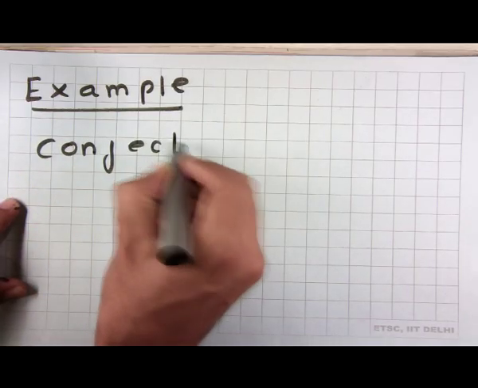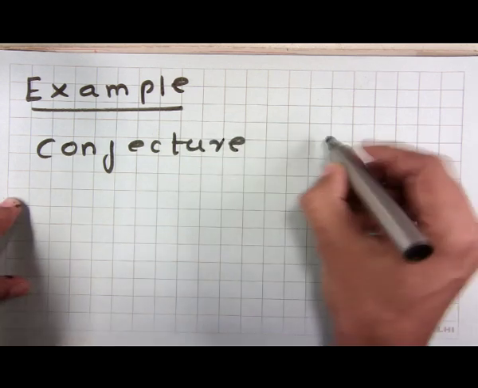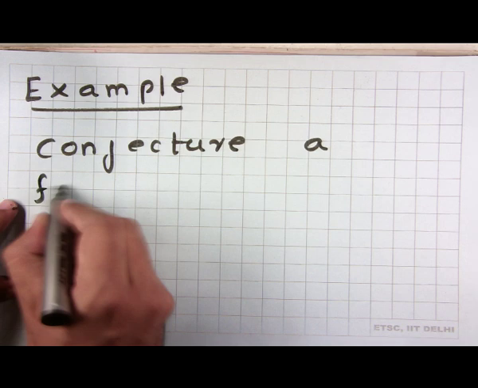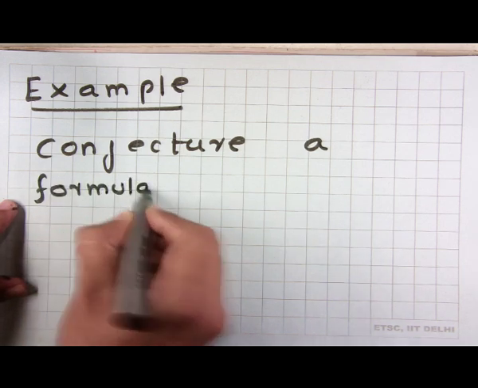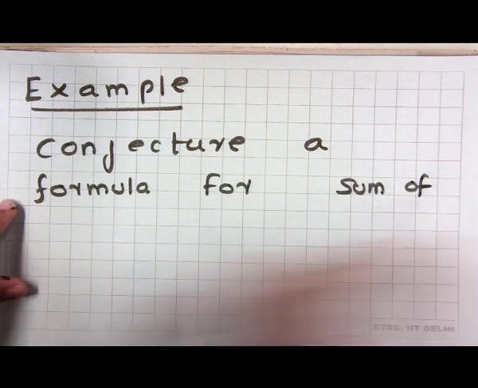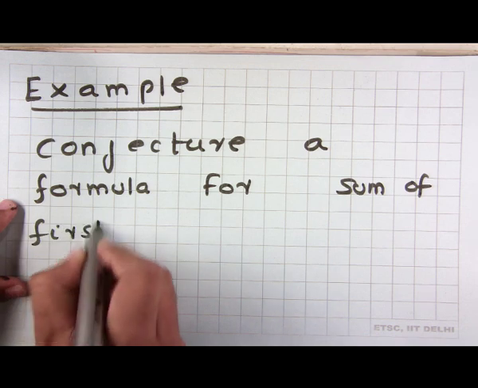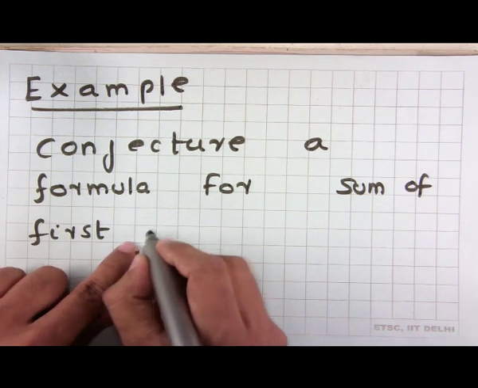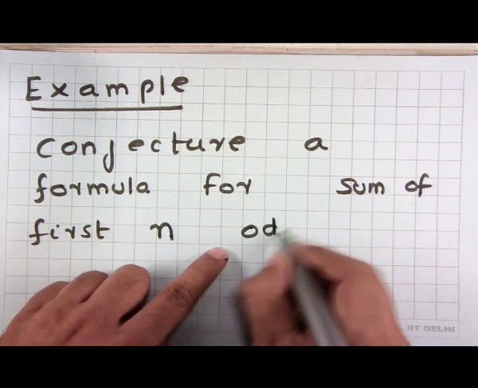Conjecture or guess a formula for sum of first n odd positive integers.